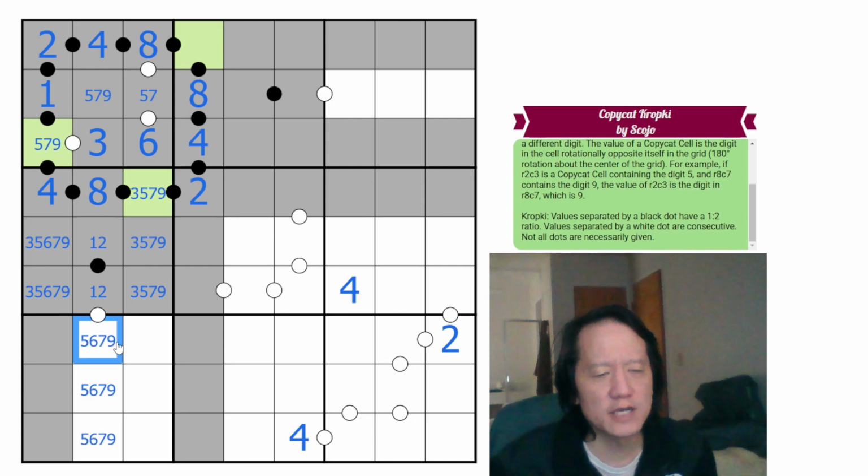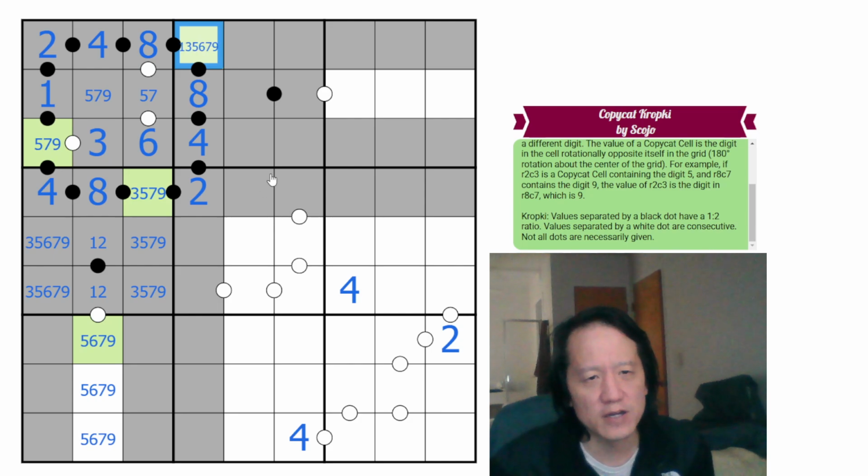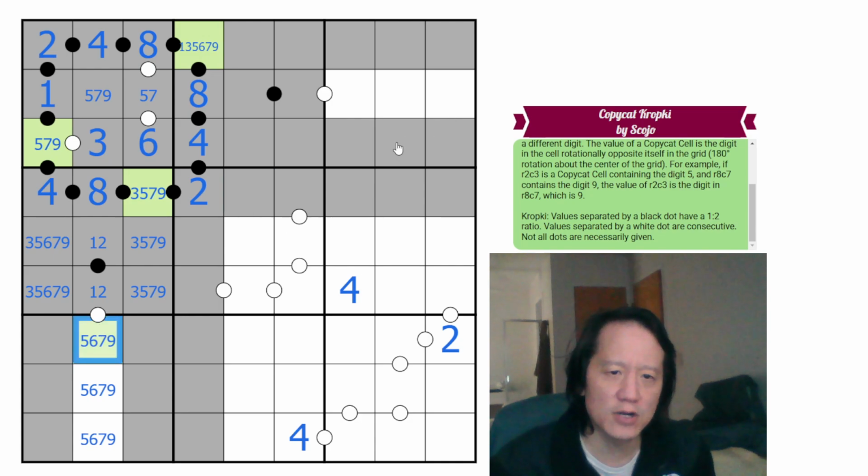Which means this cannot be, and this is not a copycat cell. This has to be a copycat cell because the value is 1 or 2. So this is a copycat cell with 5, 6, 7, 9. This is a copycat cell with 1, 3, 5, 6, 7, 9. So this copycat cell copies this one, which would either be 1, 2, or 3.